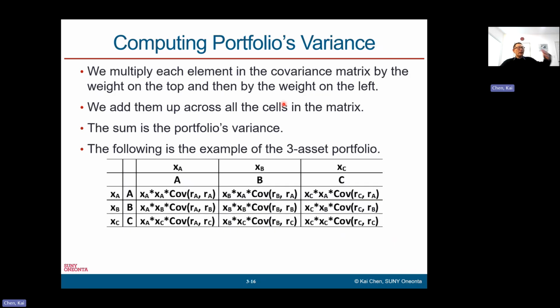For each element, we do this. After we have done this, we add them up across all the cells in the matrix. Then the sum is the portfolio's variance.